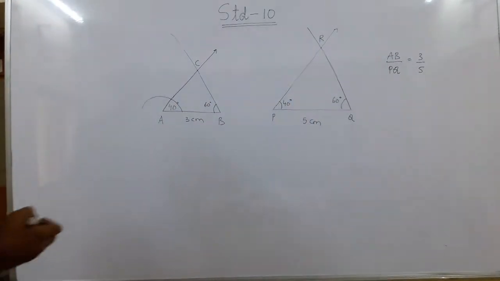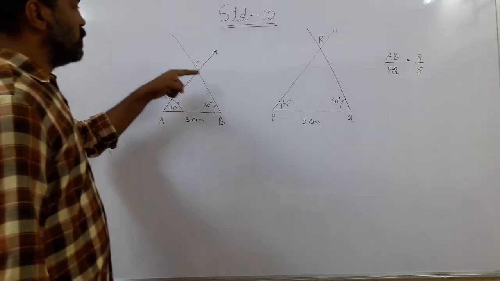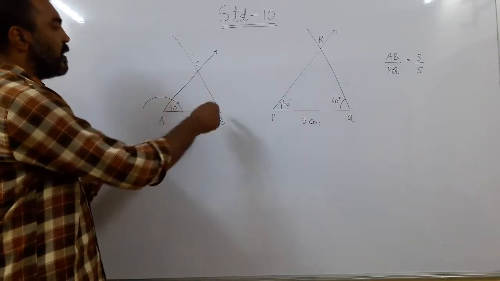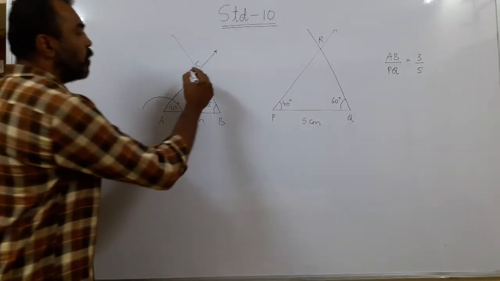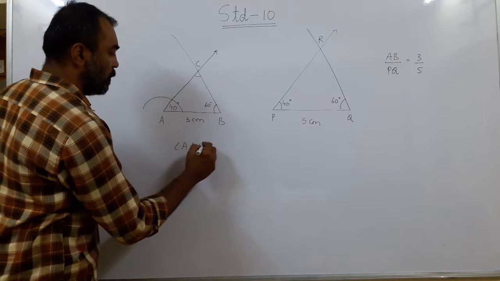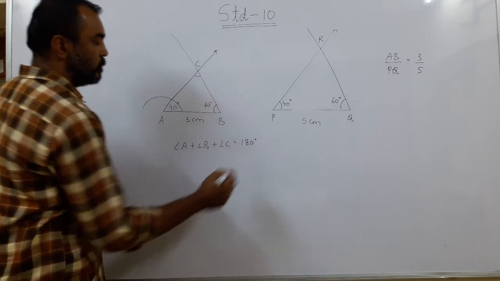Okay? So if you have done the construction 40, 60, where the rays join is C. Now you know the three angles of a triangle. The three angles of a triangle, the total is always 180. So how will you find angle C? Angle A plus angle B plus angle C equals 180 degree.